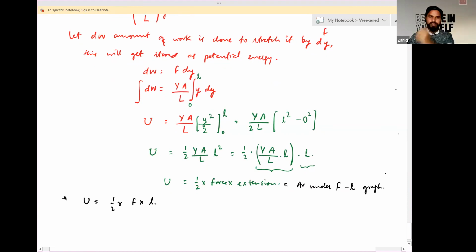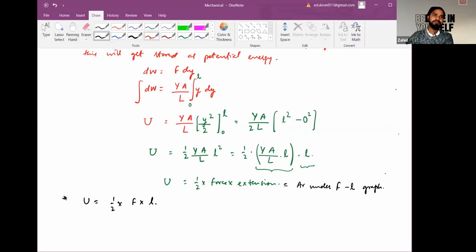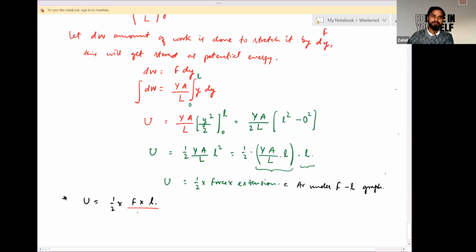Now, if we divide this whole term by volume and multiply by volume, there will be no change in this particular fraction. So we may write it as half, force into extension, divided by volume, where volume is area into length, multiplied by volume.